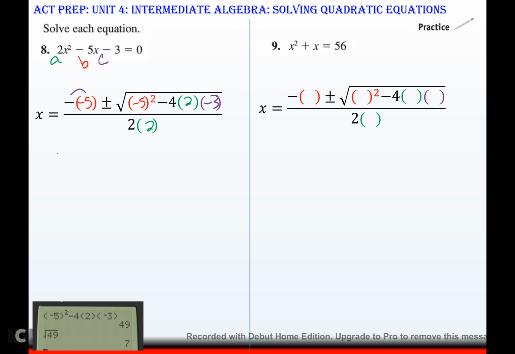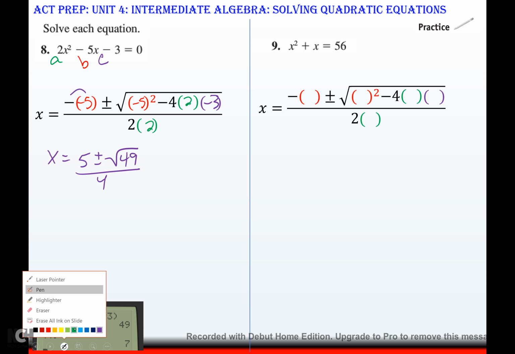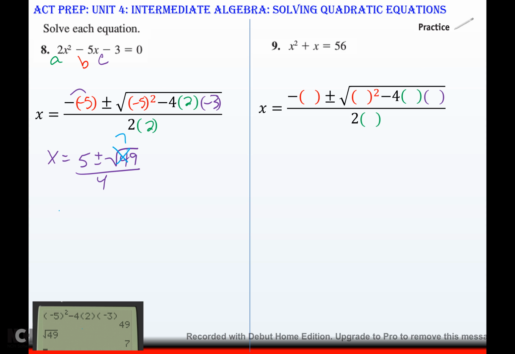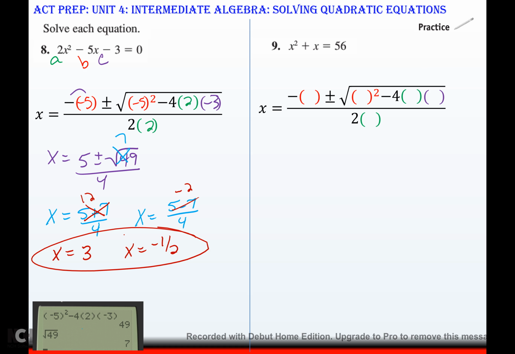So my solutions are x equals positive 5 plus or minus the square root of 49 all over 4. The square root of 49 is 7, so my two solutions are x equals 5 plus 7 over 4, and my second one is 5 minus 7 over 4. Simplifying those, 5 plus 7 is 12, divided by 4 is 3. 5 minus 7 is negative 2, divided by 4 is negative 1/2.